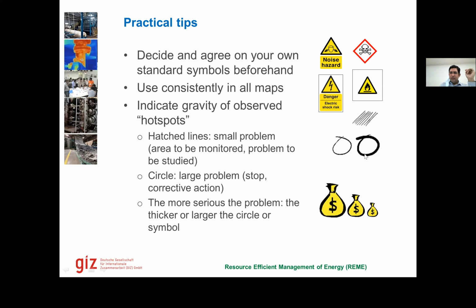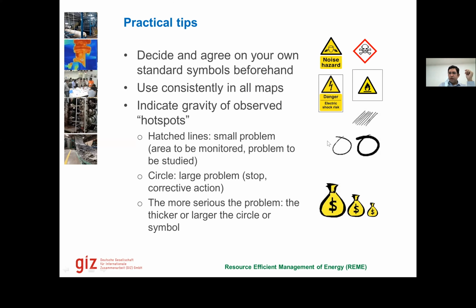And you can see that in the example we have used thick circle as well as thin circle. So if we are doing an eco map in a factory and we are trying to identify energy losses, if we see that there's a small energy loss, we can use a small symbol, and if we see a big energy loss, we can use a bigger symbol. So that is how we can use different type of symbols.